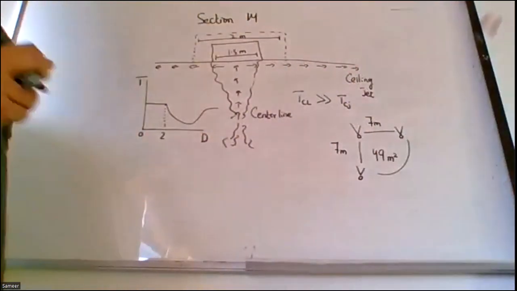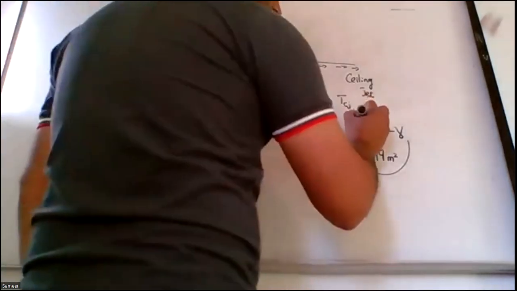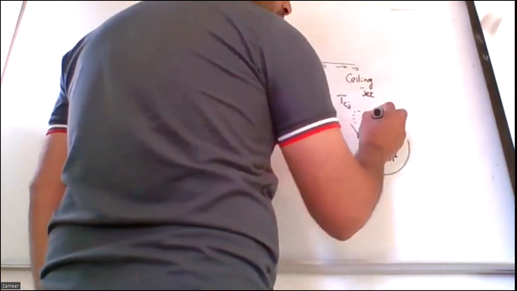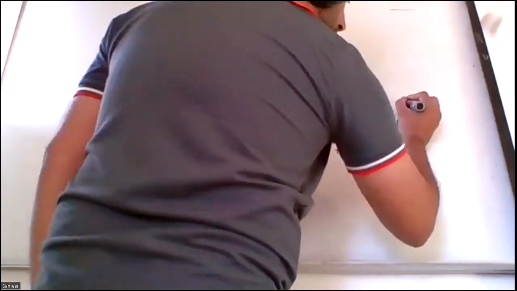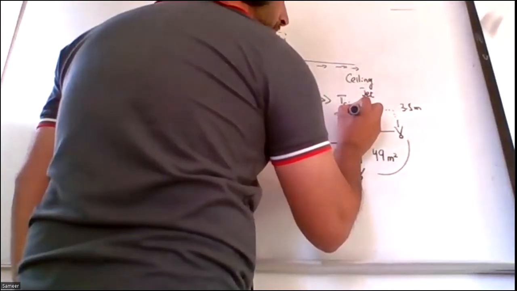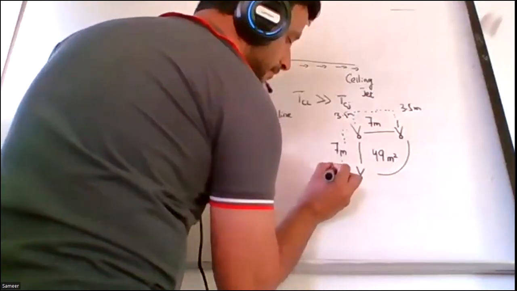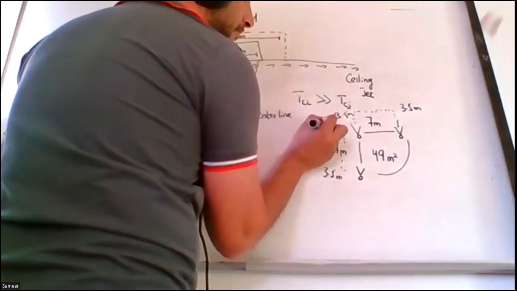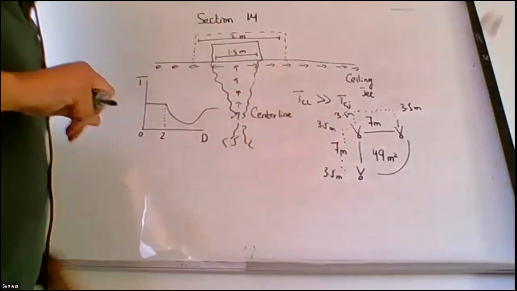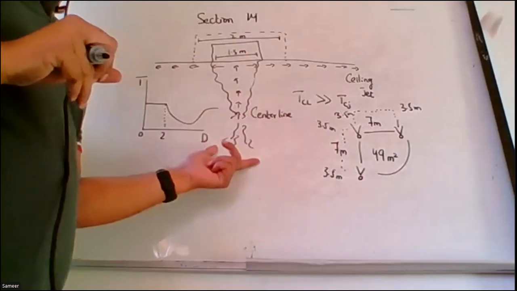If I want to break this out, one detector's area of effectiveness, or area of detection, is 3.5 meters, and similarly 3.5 meters on the other side. That is why it is 7 meters, right? I cannot predict where my center line will be.